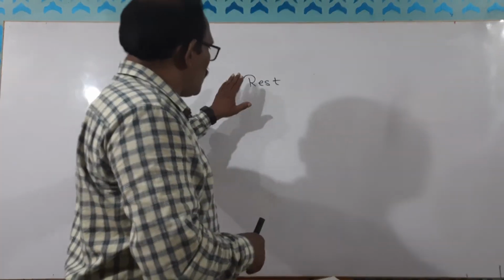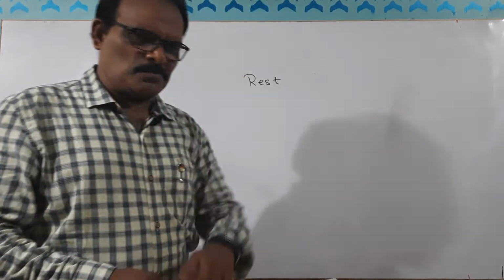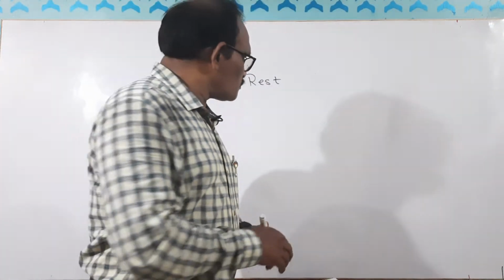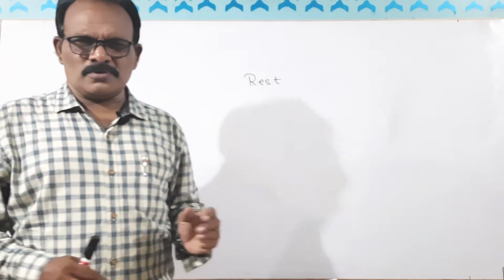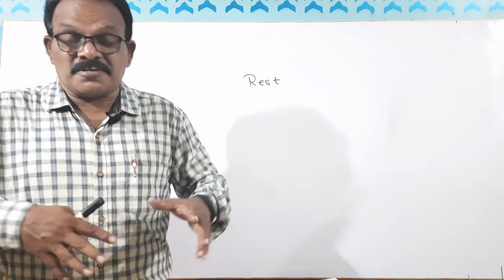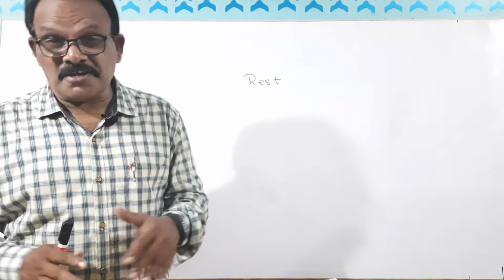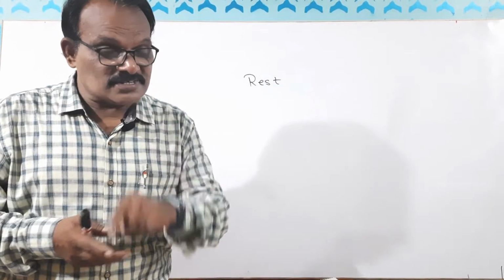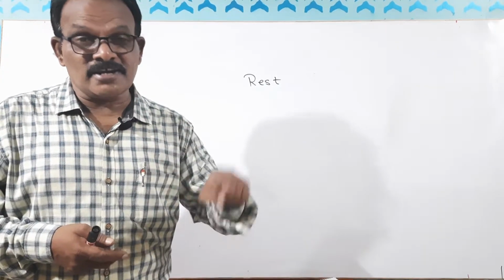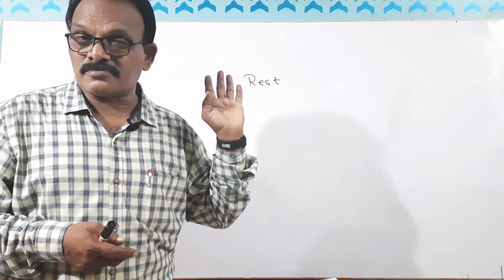Now, let us go to general knowledge. If we are in the train taking rest, but the train is moving, then science is telling that you are also sharing motion along with the train.